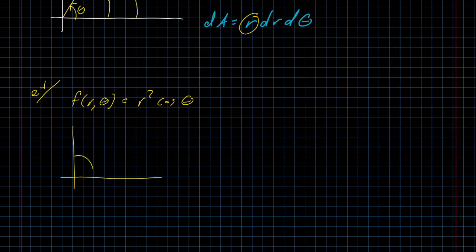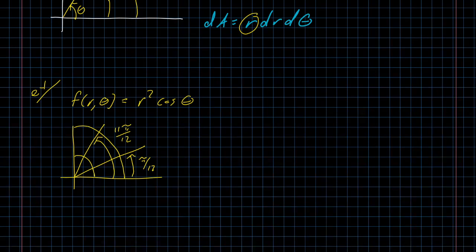It is, in fact, a bit of an annulus, right? A circle with a hole cut out of the center of it. These two rays are going to occur at pi over 12 and at 11 pi over 12.